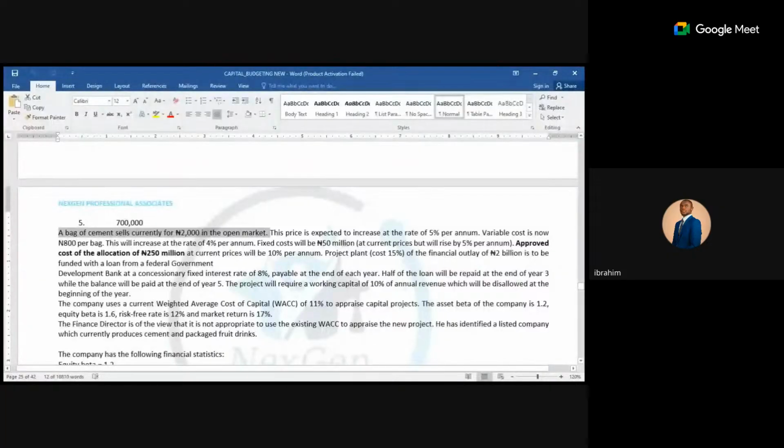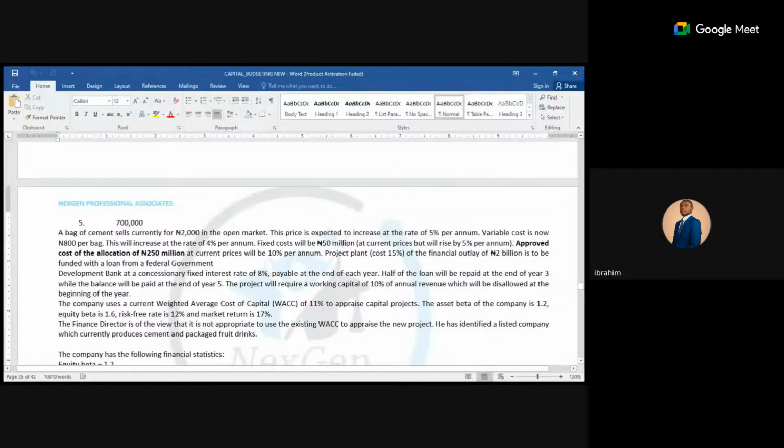Now, this price is expected to increase at the rate of 5% per annum, meaning that on yearly basis, you have to inflate the selling price by 5%. This is year 1 raised to power 1, power 2, power 3, till 5 years, because it is per annum.